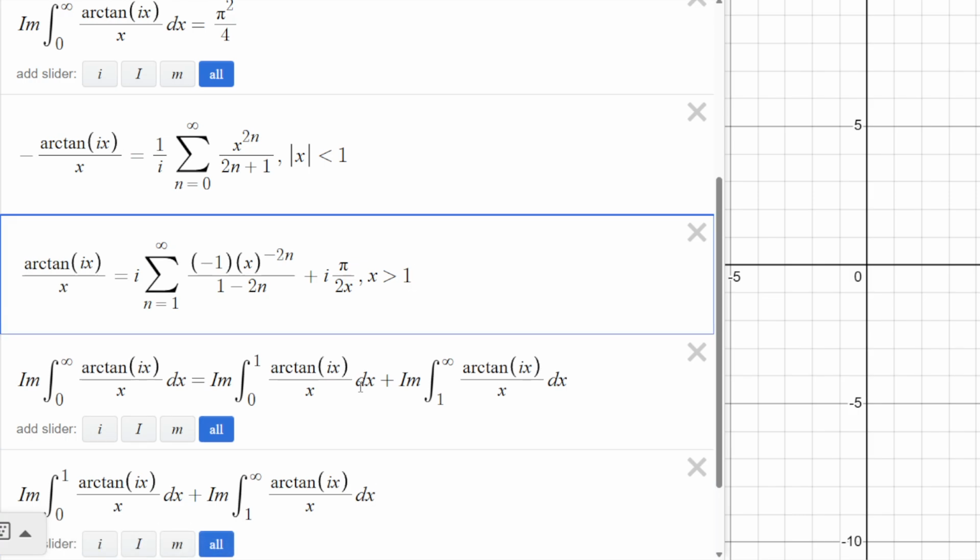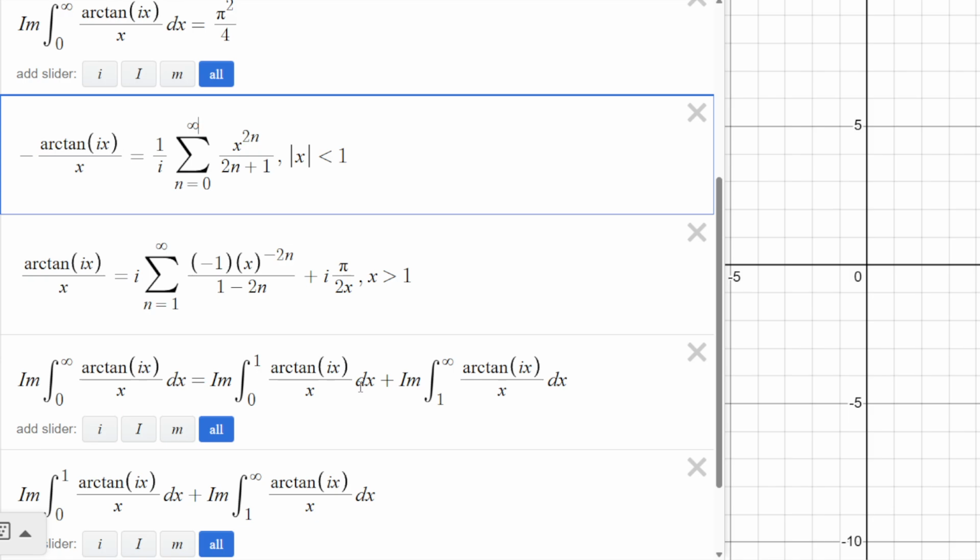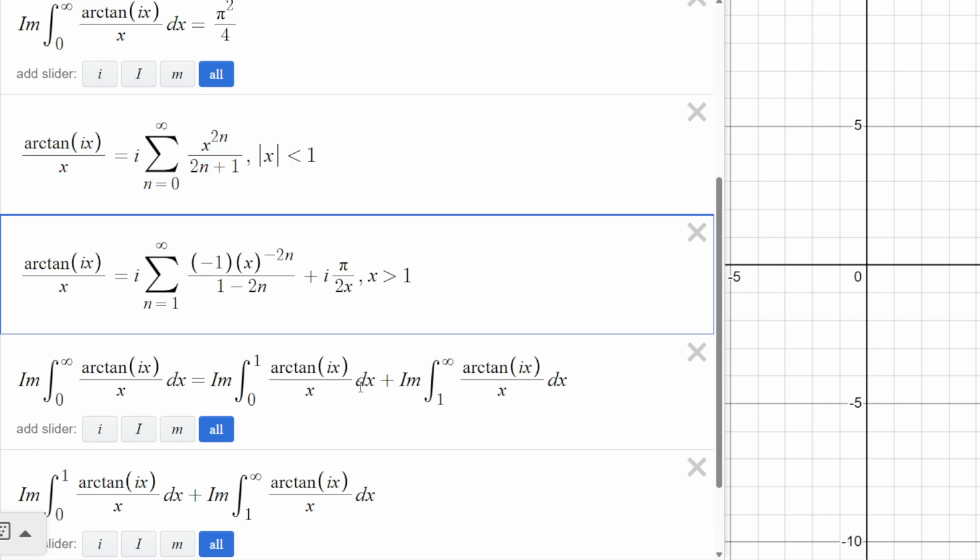And now we need to take care of this. Again, this is just going to be negative i, and then we multiply both sides by a negative. All right, so we have this equality for x less than 1, and we have this equality for x greater than 1.